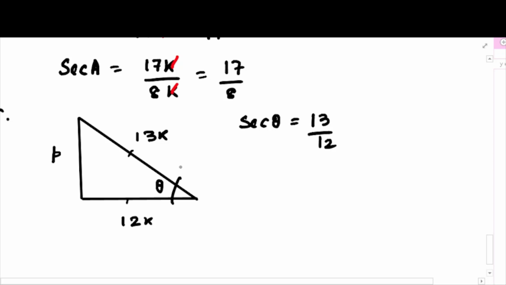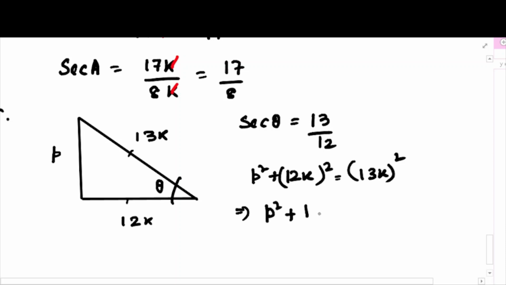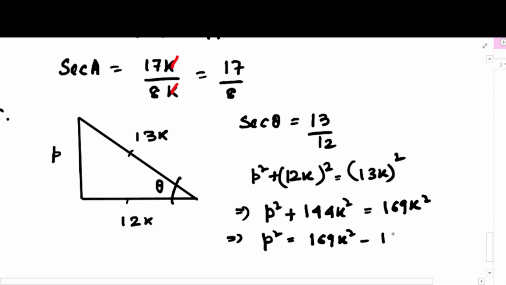If it is p, then we know p square plus 12k whole square equals 13k whole square by applying the Pythagoras theorem.